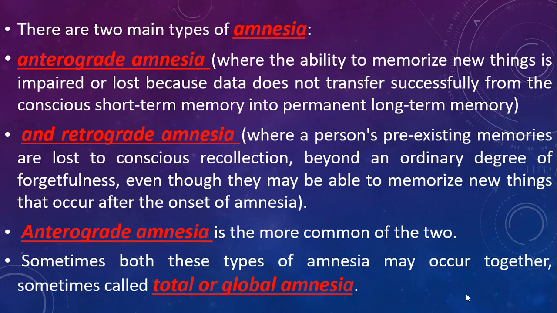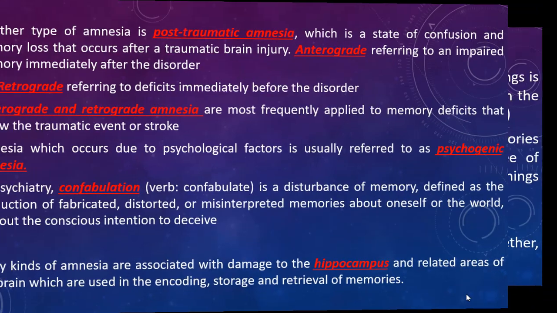And retrograde amnesia, where a person's pre-existing memories are lost to conscious recollection beyond an ordinary degree of forgetfulness, even though they may be able to memorize new things that occur after the onset of amnesia. Anterograde amnesia is the more common of the two. Sometimes both types of amnesia may occur together, sometimes called total or global amnesia, i.e. anterograde and retrograde amnesia with each other.